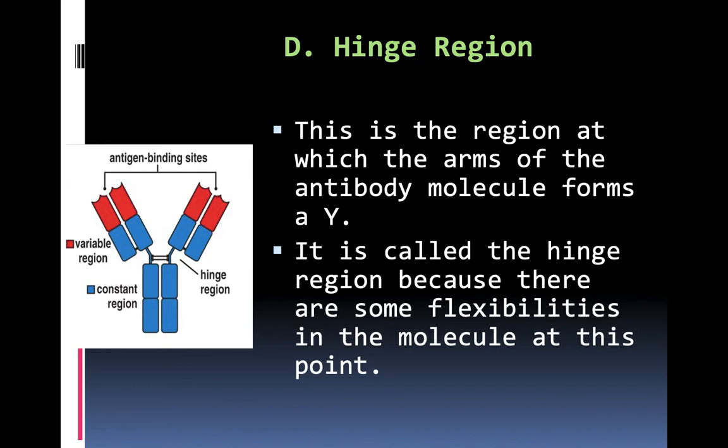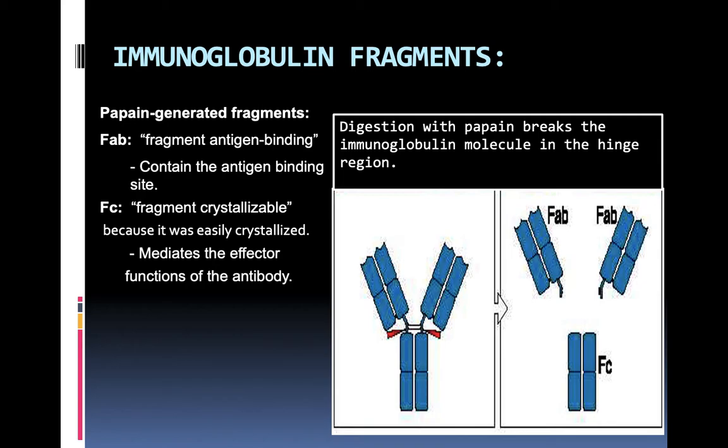Let's say, for example, you subject your immunoglobulin to enzymatic degradation. Let's say you use an enzyme, like for this case, papain. If you will be generating your Fab and Fc fragments, they will break away from one another through the hinge region. The papain enzyme will digest the immunoglobulin molecule in the hinge region.